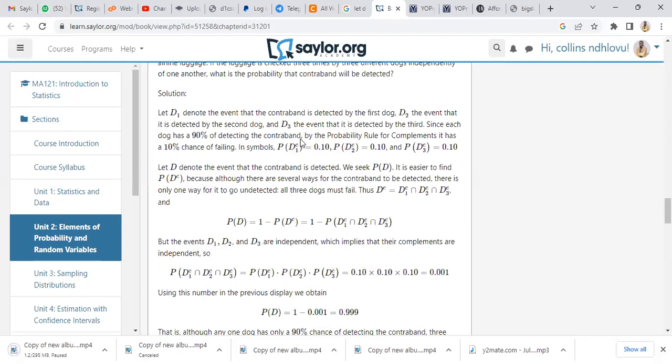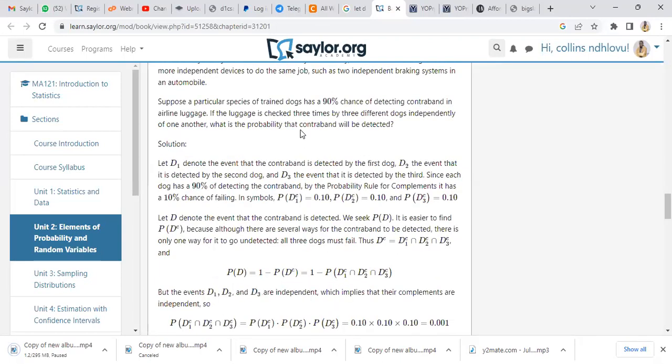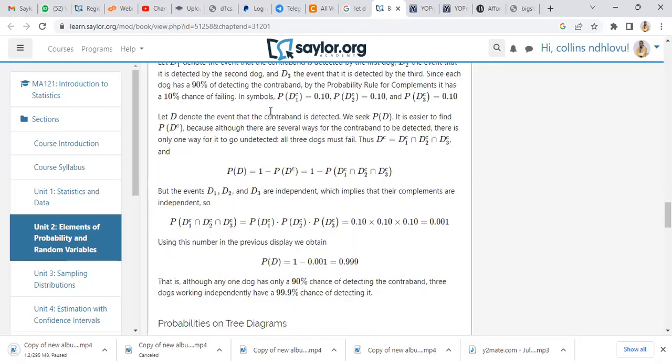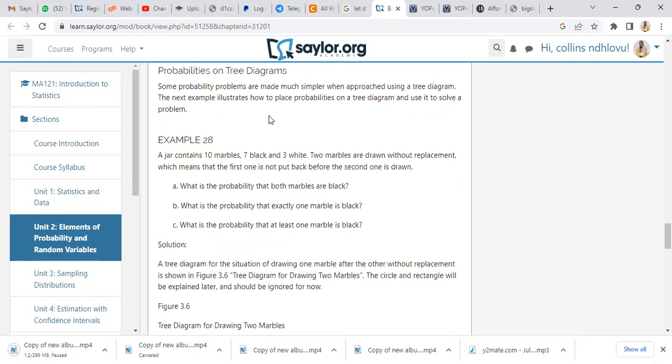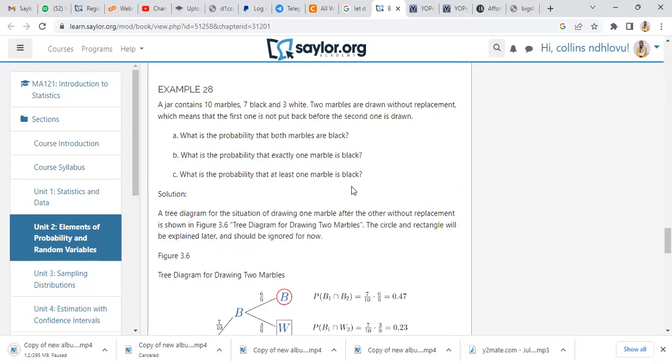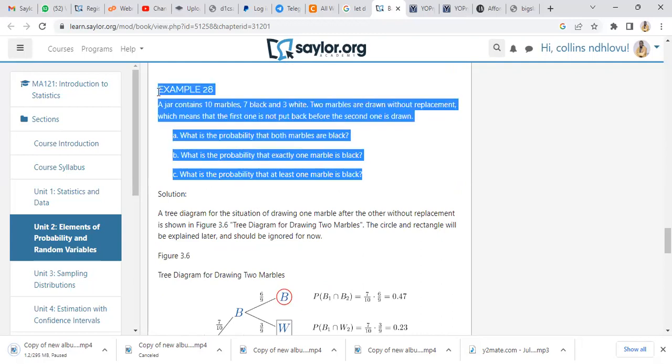Which one do I look at? Maybe I'll look at the contraband in the evening. I only have 6 minutes. Let me look at example 28, then we end for now. This will be easy, don't worry.